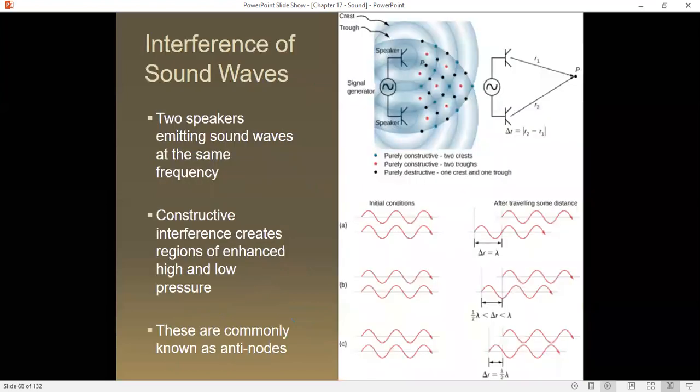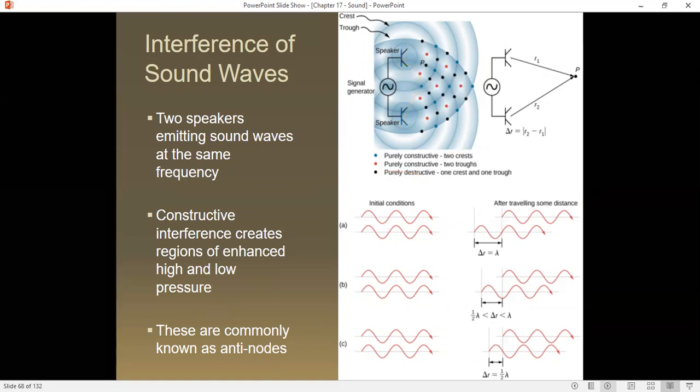We can see this illustrated when we have two speakers, one speaker here, one speaker here, and they're both giving off the same harmonic waves. Now, looking at different points here, let's take a look at where we have constructive interference. We have the same distance between this speaker and this speaker. The distance is identical. So at that point, both waves will constructively interfere.